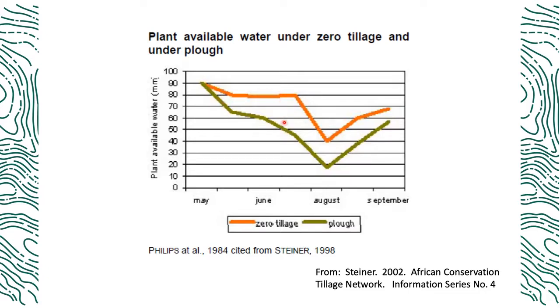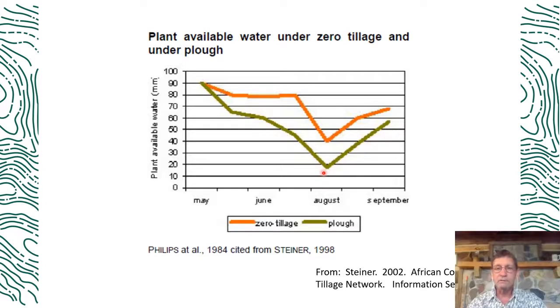So soil water status is enhanced significantly. If we try to increase soil fertility in a field where moisture stress is a limiting factor, like you see here on the green line, in fact, the soil fertility practices won't be as effective.